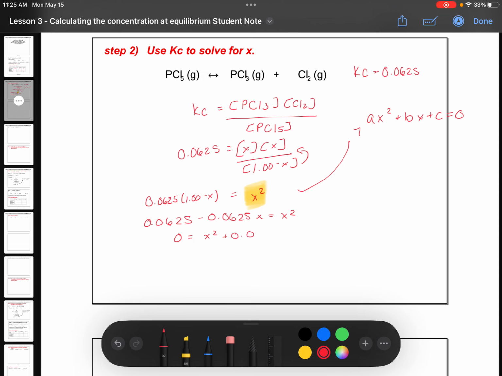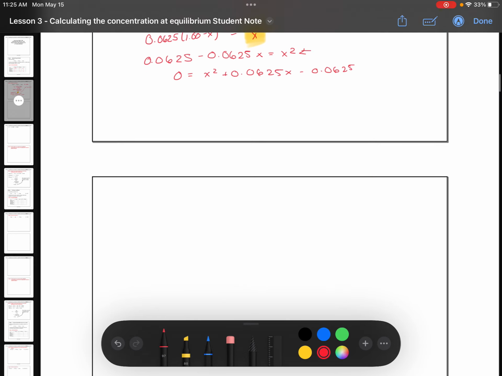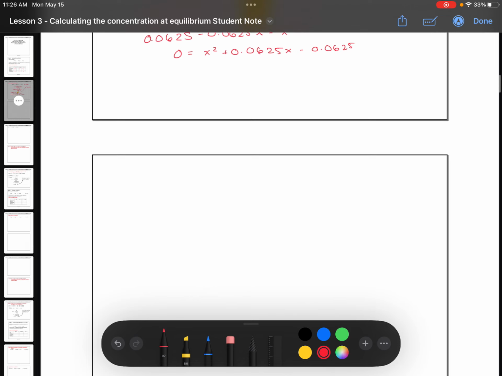And now we're just going to arrange this in our quadratic equation, which means 0 is going to equal x squared plus 0.0625x minus 0.0625. So we just arranged this equation here into our quadratic equation. So from there, we are going to use this information and put it into our quadratic formula.